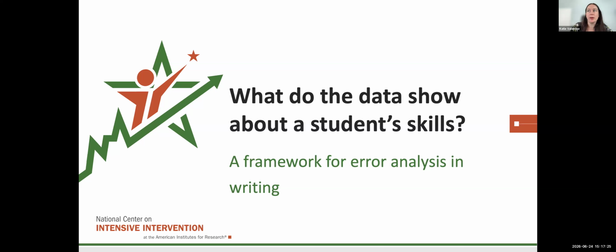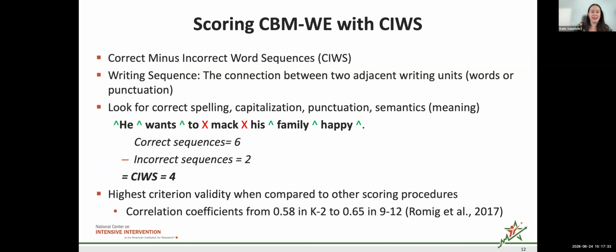I believe that AimsWeb has some published norms for correct word sequences, which is related to the CIWS piece that I shared about. And I think those norms go up through at least eighth grade, I want to say off the top of my head. So there are norms available for them. We won't really be using that for today's work because we'll really be jumping into this more individualized piece. But excellent question.